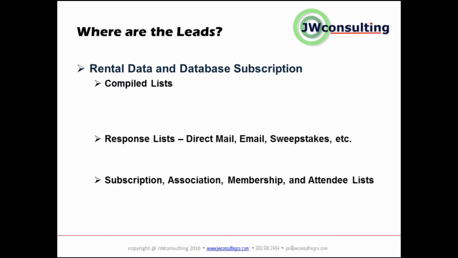So, let's run through compiled data, which is basically just information that comes from different sources, warranty cards, surveys, different areas, public records that they can put information together, and you do saturation mailings.